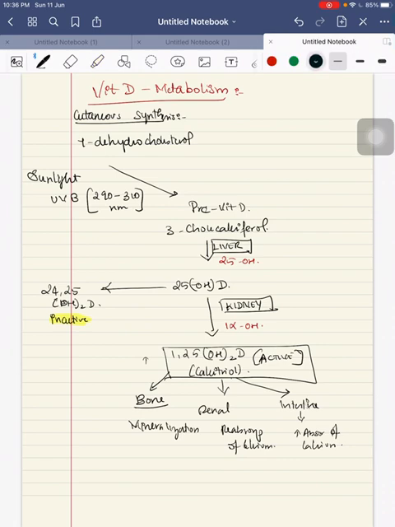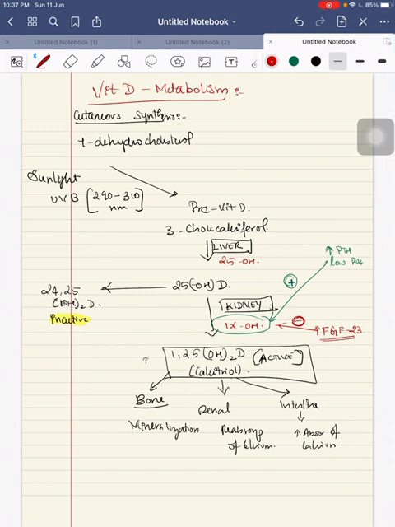Here in kidney, this 1 alpha hydroxylase activity will be increased or get stimulated when there is increase in parathyroid hormone or when there is low phosphorus level, or it can be inhibited with increase in FGF23, that is fibroblast growth factor 23.